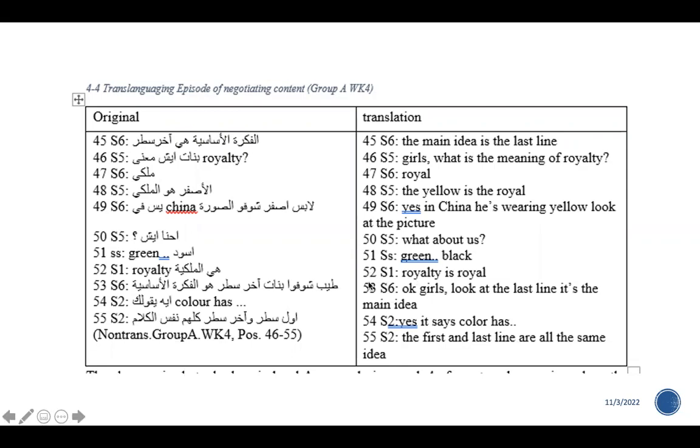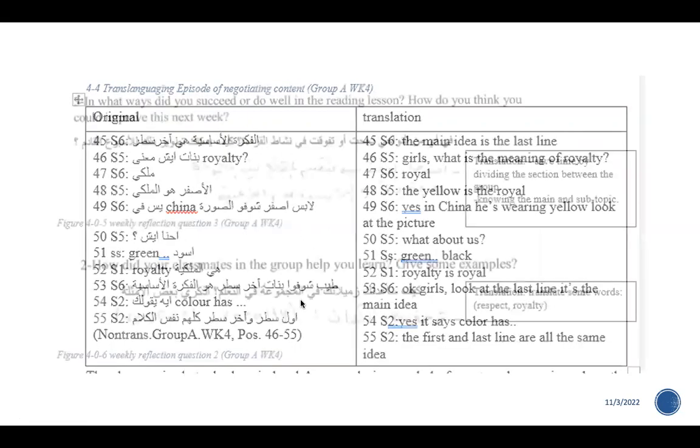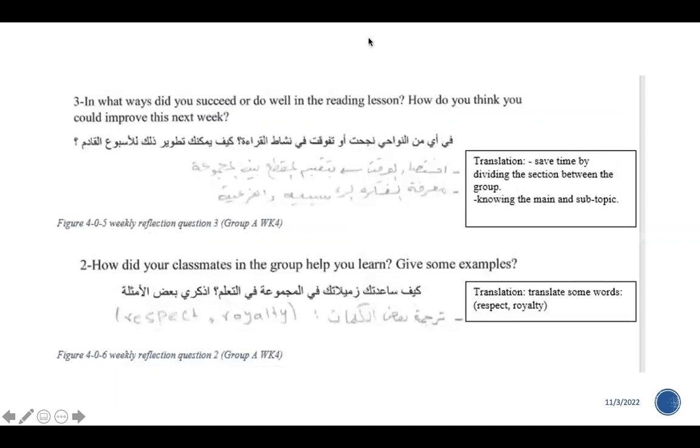meaning of royal is. This was captured in their collaborative talk, but again, during their weekly reflection, part of the questions that I asked them is, in what ways did you succeed or do well in the reading lesson, and how do you think you could improve this next week? Another question is, how did your classmates in the group help you learn? Give some examples.